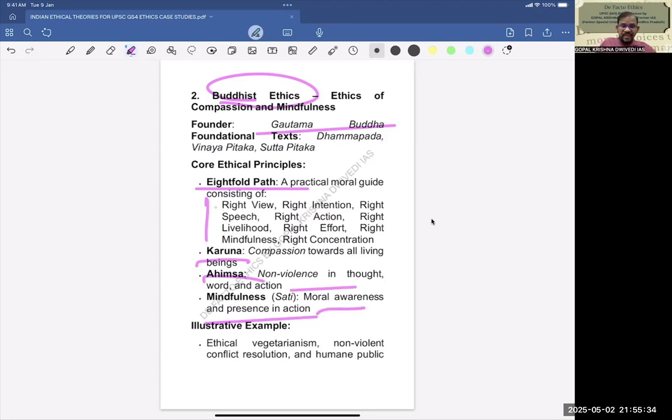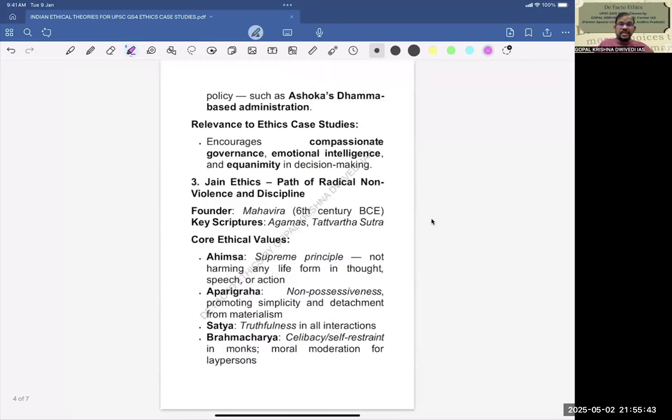They promote ethical vegetarianism, non-violent conflict resolution, and humane public policy, such as Ashoka's Dhamma-based administration.